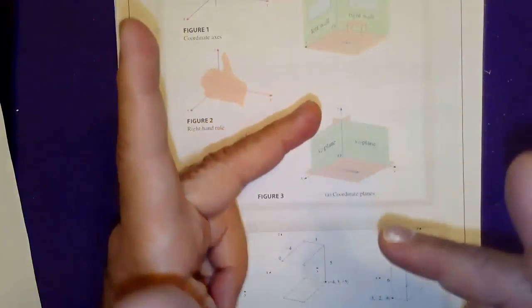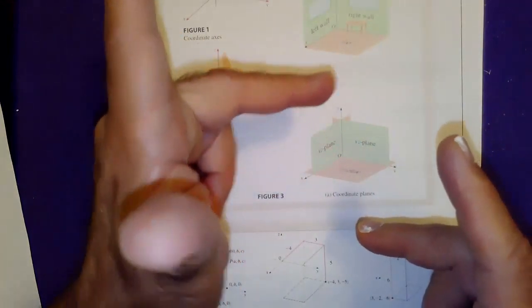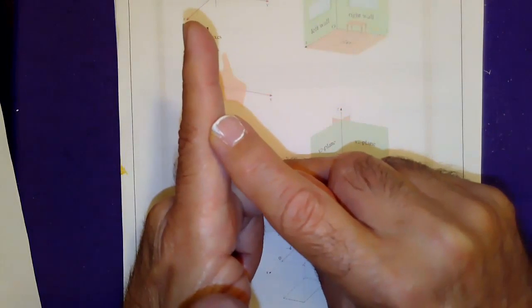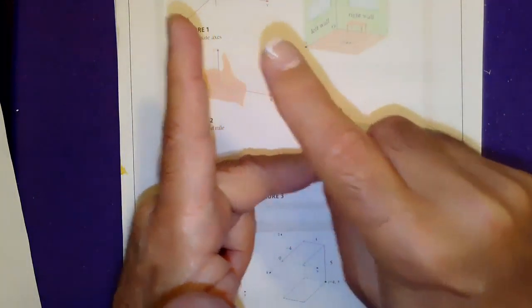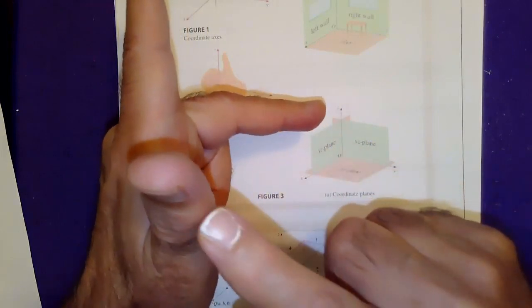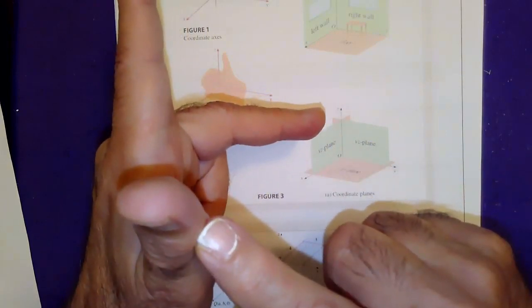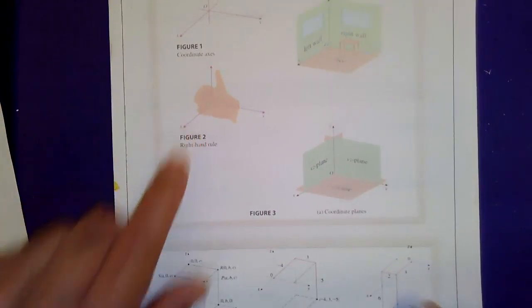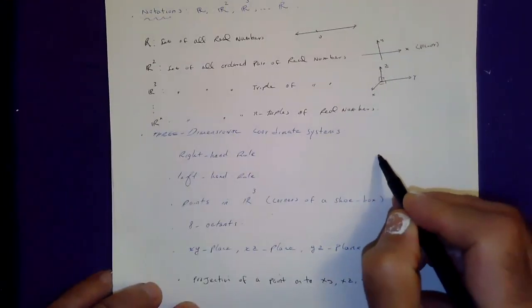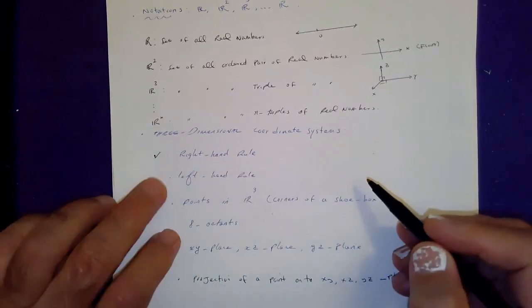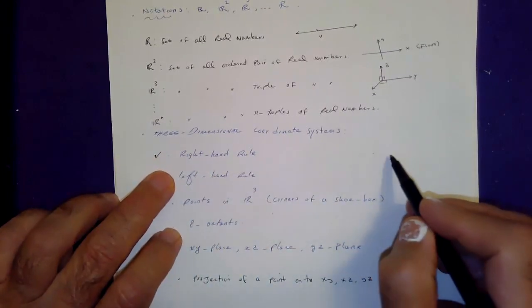On the other hand, if you use your left hand, the pointing finger points to the y-axis, the middle finger is the x-axis, and the thumb is still the z-axis, as you can see from the diagram. So 99% of the time, we go with the right-hand rule.